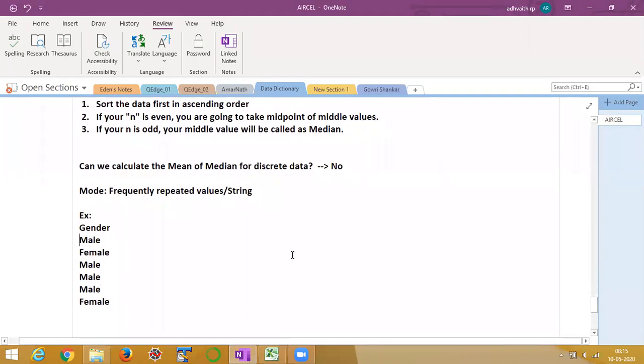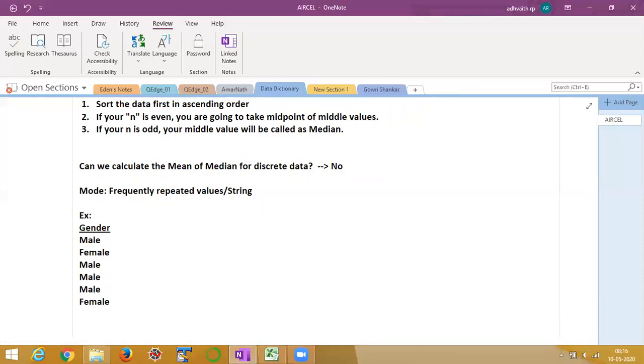These are the information I have. How many do we have in total? 1, 2, 3, 4, 5, 6. Six people's information is there. But male is highly repeated.